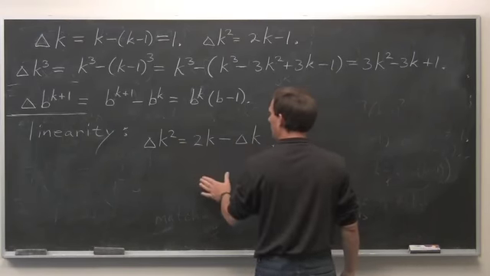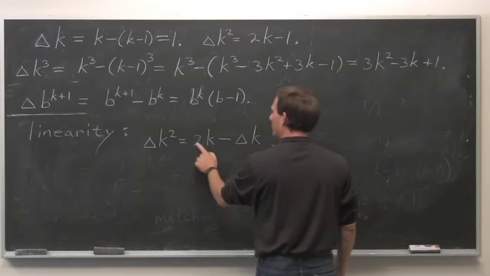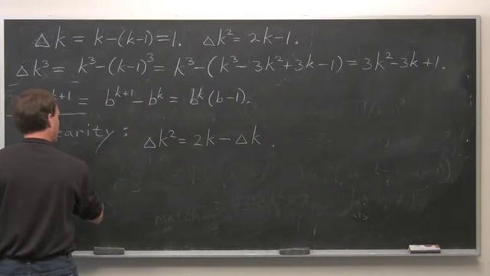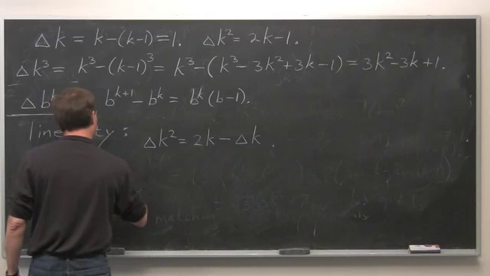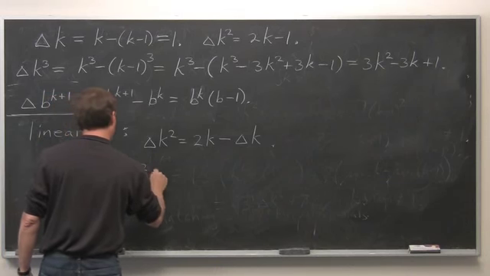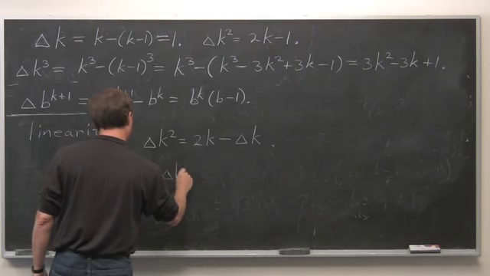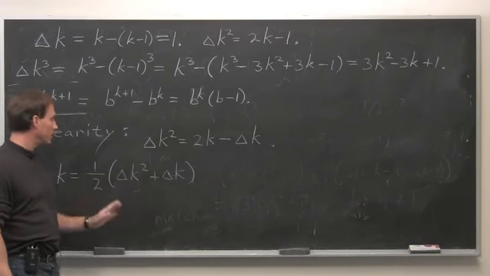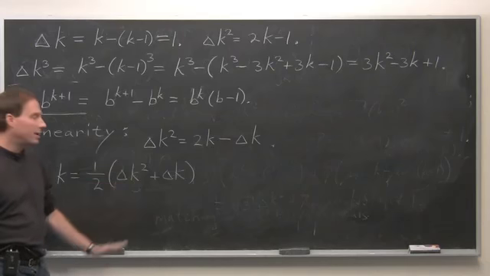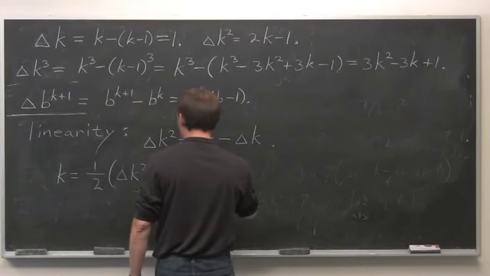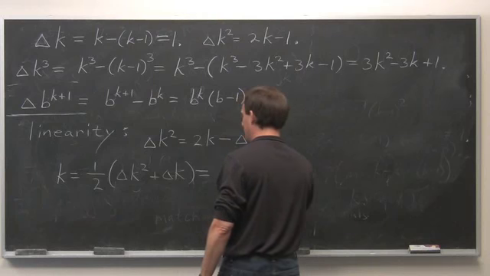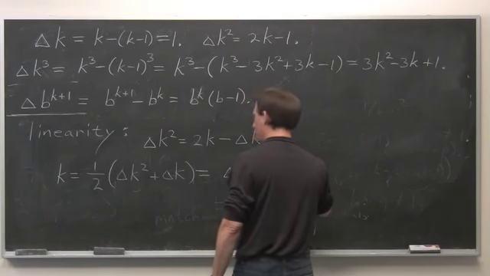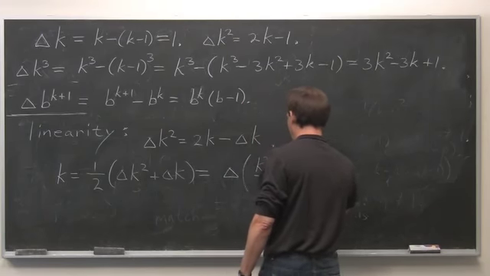Add delta k to both sides, take half of it, and what I get is that k is 1/2 of delta of k squared plus delta of k. But delta is linear, so this sum is delta of k squared plus k. And then multiplied by 1/2, I can move the 1/2 inside. And so what I get is that delta of k squared plus k over 2 is k.